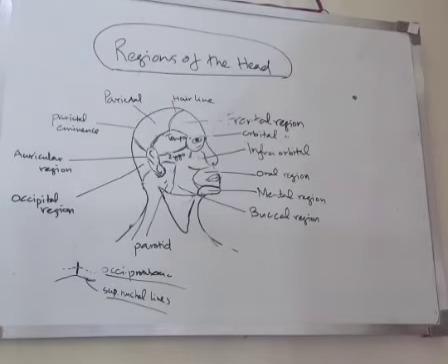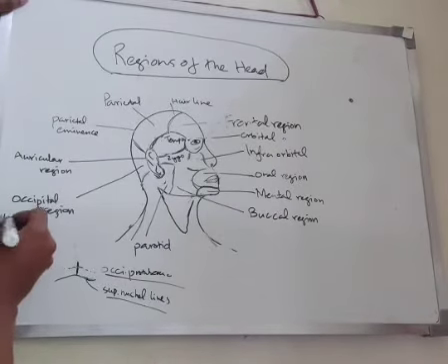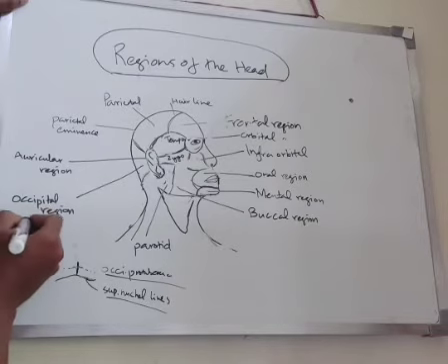The most prominent point in the occipital region is called the opisthocranium, or occiput.